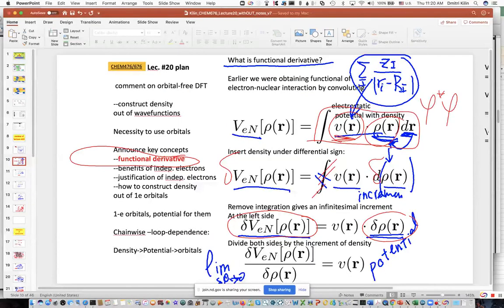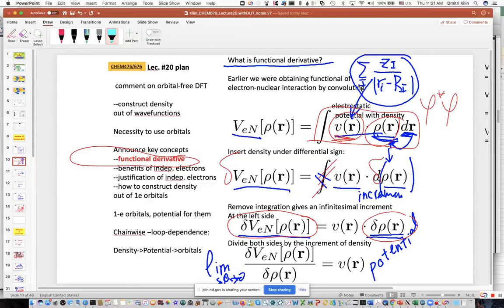So when we were meeting last time, we were going over the concept of functional derivative. The increment of density in a certain area of space times potential gives increment of electron to nuclear potential energy. And if we make a fraction out of this, oh, you do not see my mouse, so I need to keep drawing.